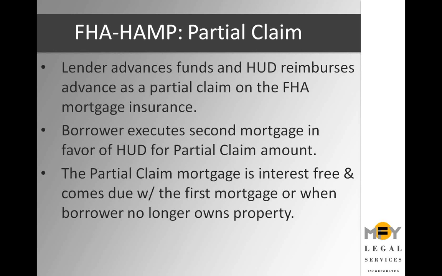So from the borrower's point of view, a partial claim is basically principal forbearance. It's principal set aside that interest is not charged on, but that is due at the end of the loan. The only difference is procedurally, the borrower is executing a second mortgage in favor of HUD, which they wouldn't do in a standard modification that involves principal forbearance.